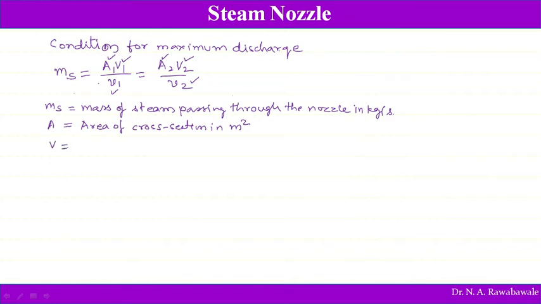Capital V is velocity of steam in meters per second, and small v is specific volume of steam.